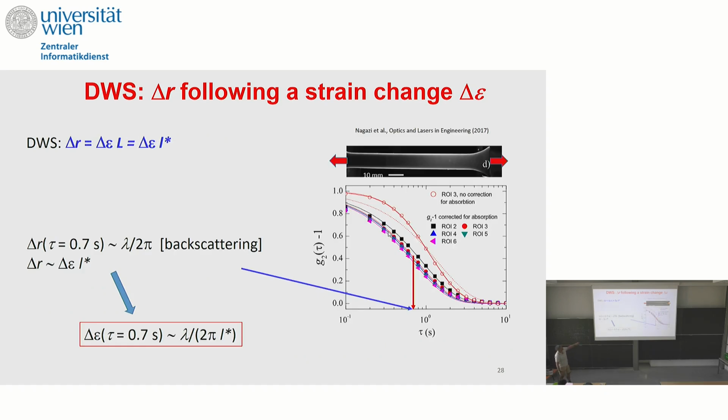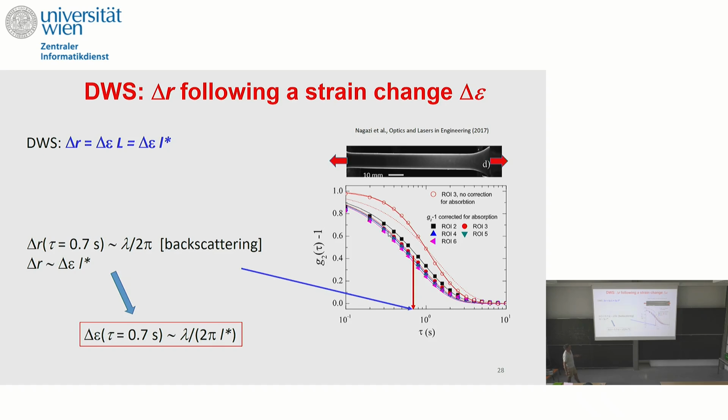So this thing here was a piece of plastic material which was illuminated by a laser beam, and we were pulling on this material, so applying an elongation at a fixed strain rate. And we measured that this piece of plastic is whitish, so we are doing an experiment in the diffusing wave spectroscopy limit, the highly multiple scattering limit, and these are the famous g2 minus 1 correlation functions that we have measured.